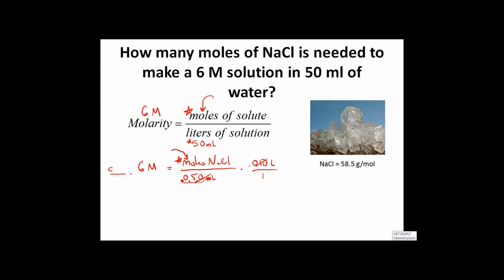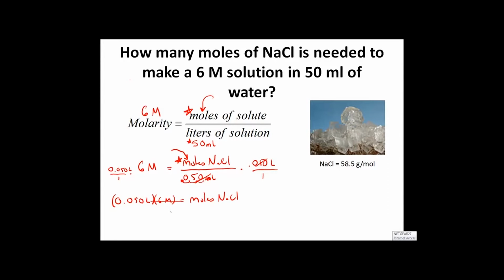So I'm going to do this over here, 0.050 liters over 1. And so the problem ends up working out like this. 0.050 liters multiplied by 6 molar is going to tell me how many moles of NaCl I have.